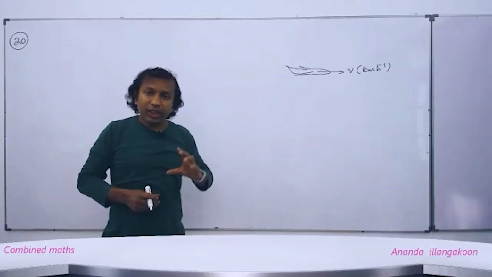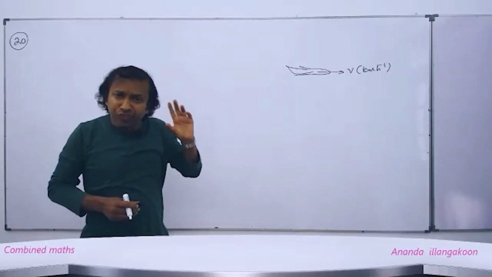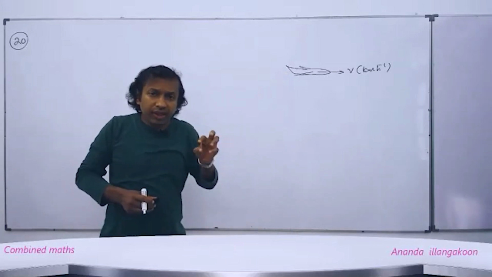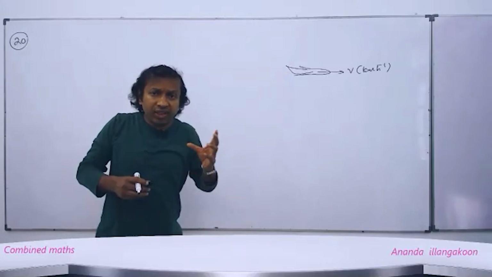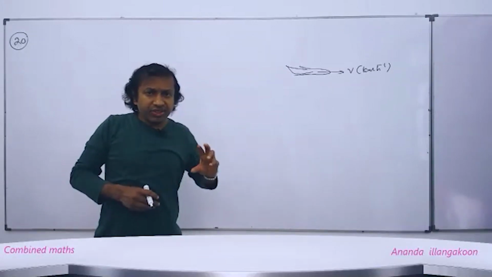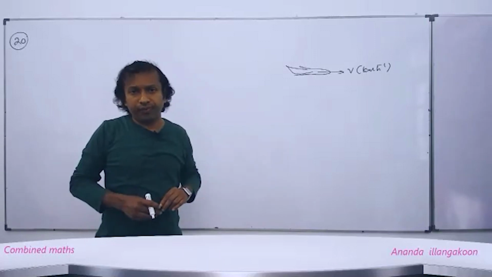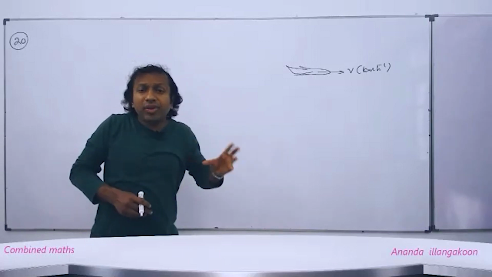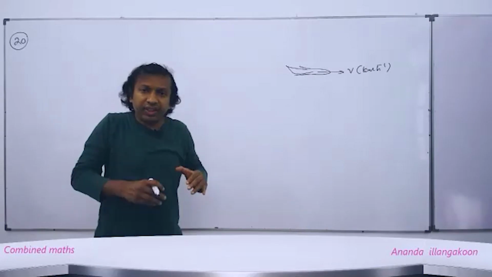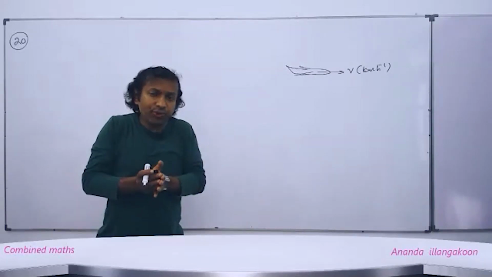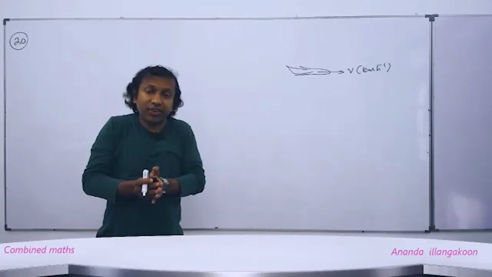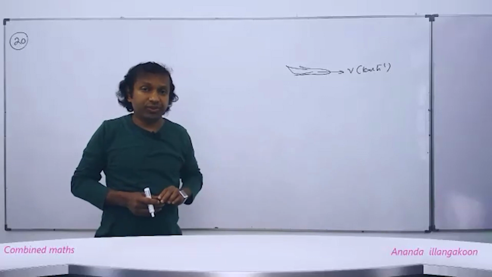In order to create the velocity v, the engine must work at a particular rate. Once the engine works at that rate, that velocity v comes to the aeroplane. Then the existing amount of fuel is sufficient for a journey of R kilometers.